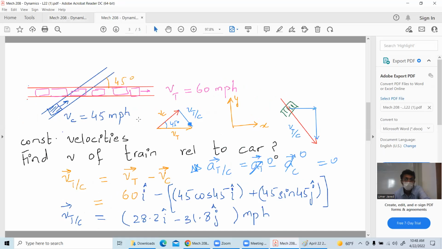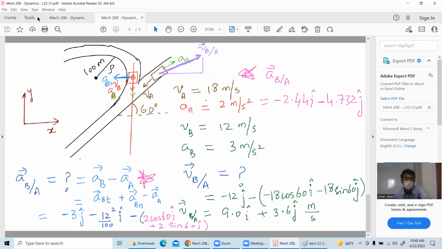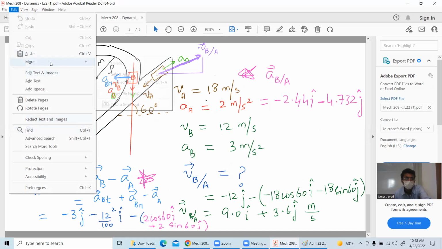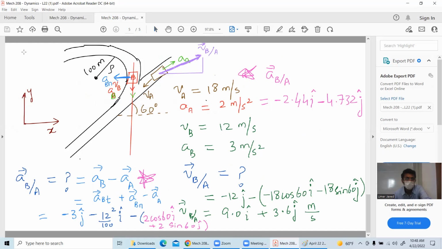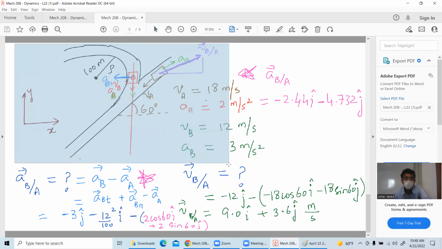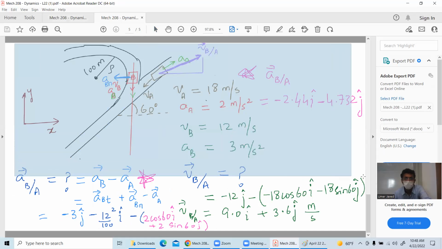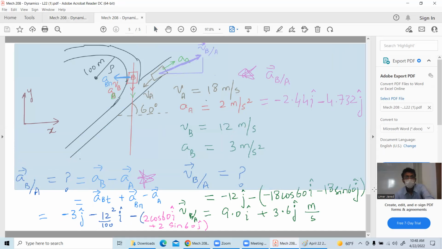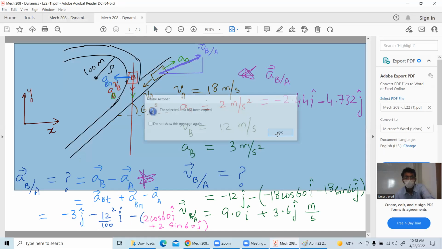So let's do this example. I think it's pretty straightforward, but I have to finish the topic very quickly. We have this chunk, right?